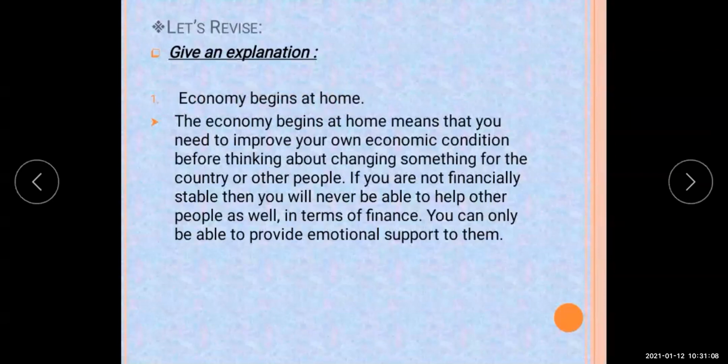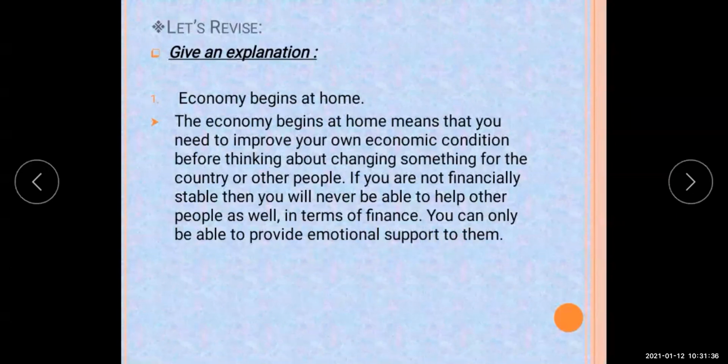Economy begins at home. Now here you have to give the explanation. The economy begins at home means that you need to improve your own economic condition before thinking about changing something for the country or other people. If you are not financially stable, then you will never be able to help other people in terms of finance. You can only provide emotional support to them.